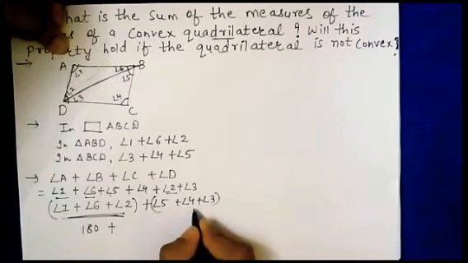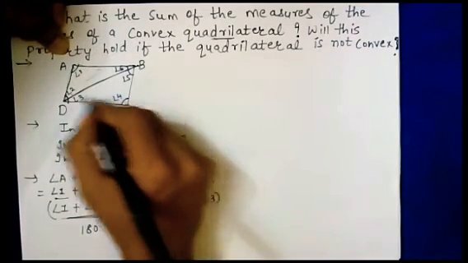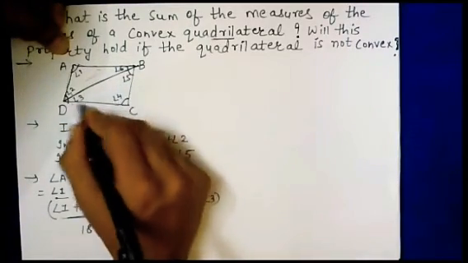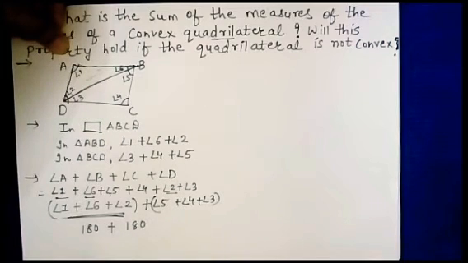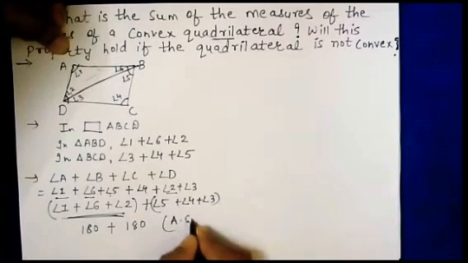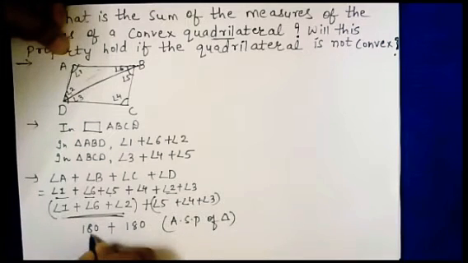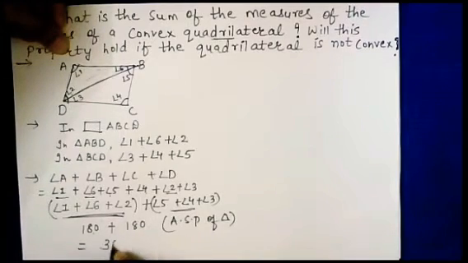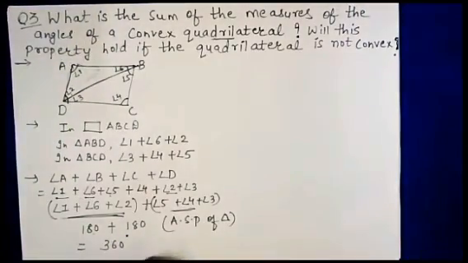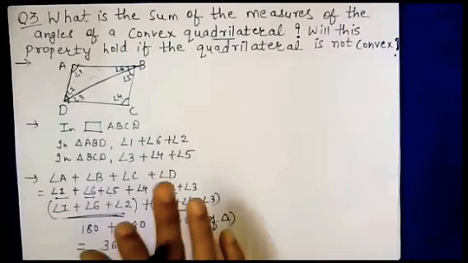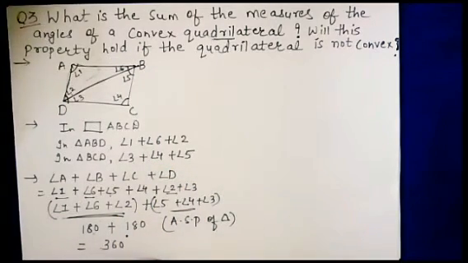Again, angle 5 plus angle 4 plus angle 3 of the second triangle is also 180 degrees by the angle sum property of a triangle. In place of these three we keep 180 degrees, and in place of the other three we keep 180 degrees. Now 180 plus 180 gives 360 degrees. So for a convex quadrilateral, this property holds: the sum of the four angles of a convex quadrilateral is 360 degrees.